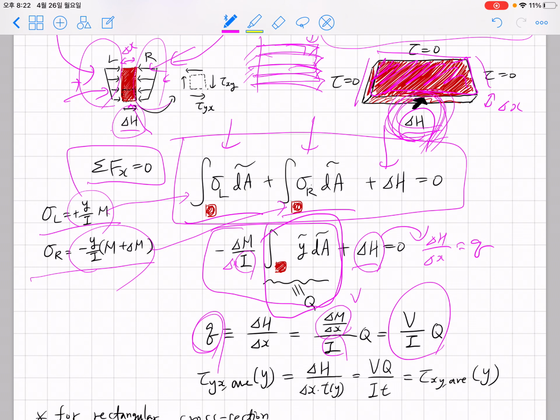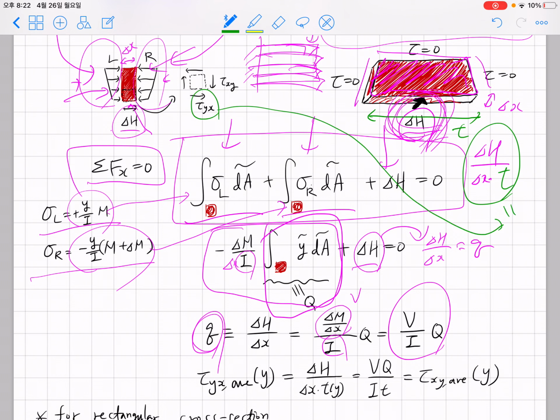If you divide, instead of delta x only, also by the thickness t, then you can define this as tau xy, tau yx. Recognize that tau yx and tau xy are equal to each other.